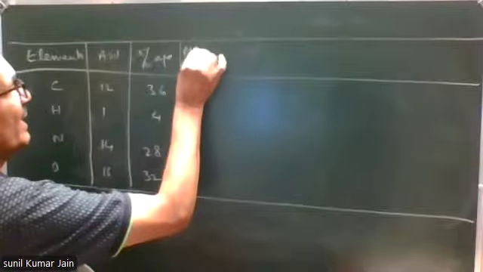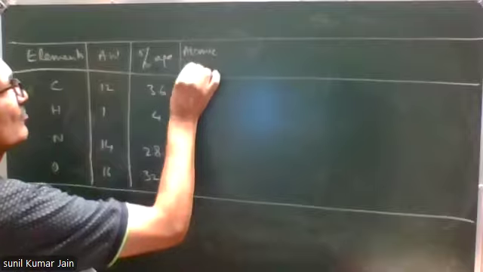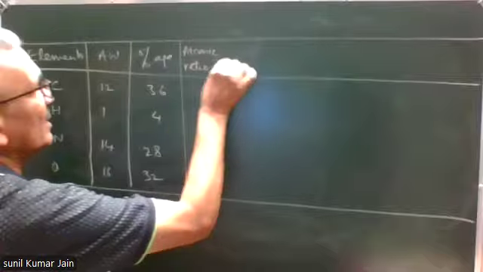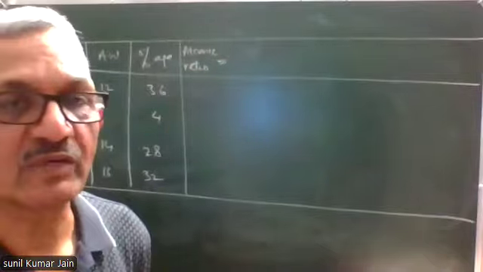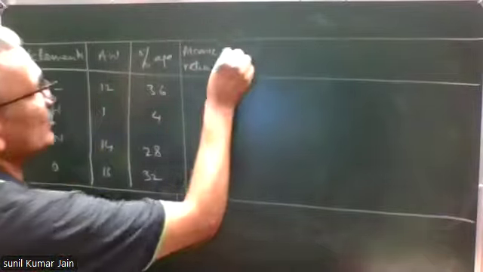Now, next, this table we can close here. Next step will be atomic ratio. Now, in this column, calculations will start. Atomic ratio is percentage divided by atomic weight. We divide all these percentages by atomic weights. 36 by 12, 4 by 1, 28 by 14, 32 divided by 16.